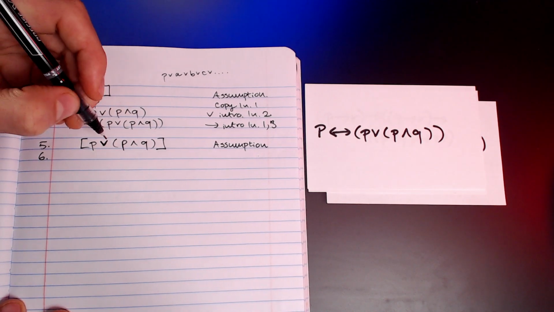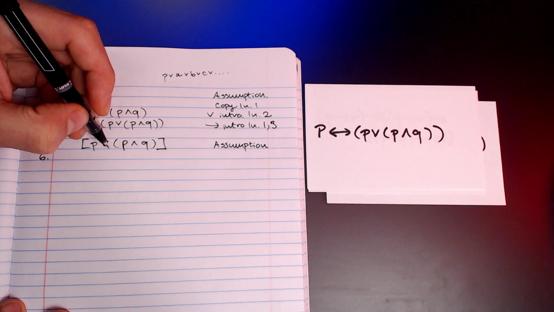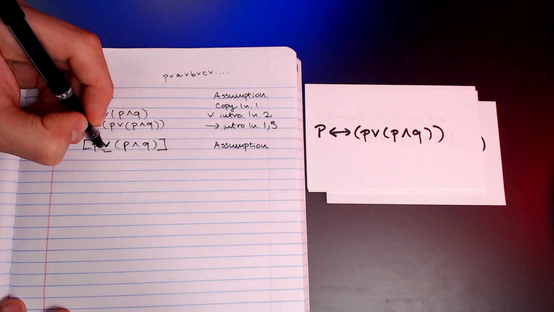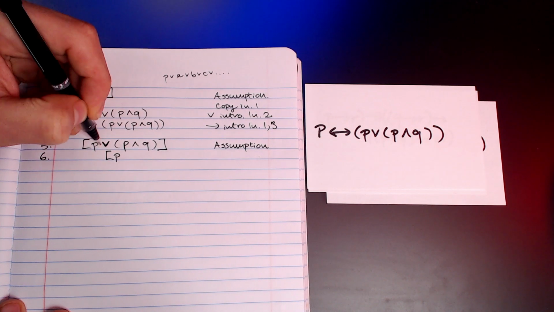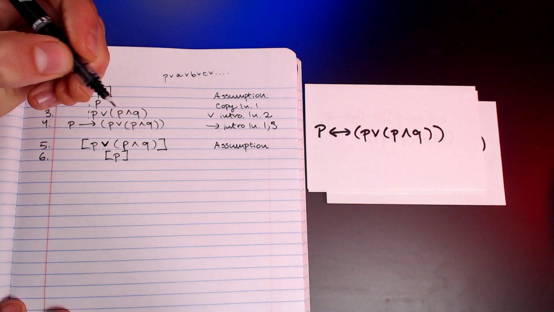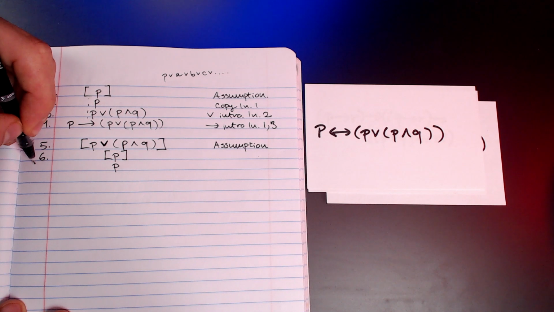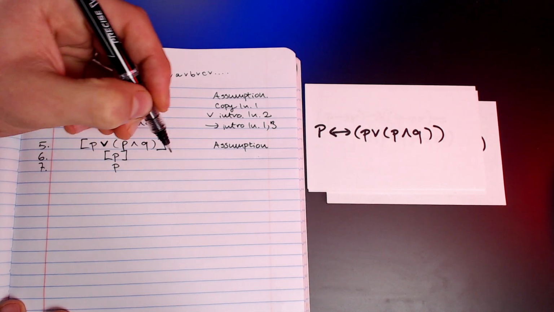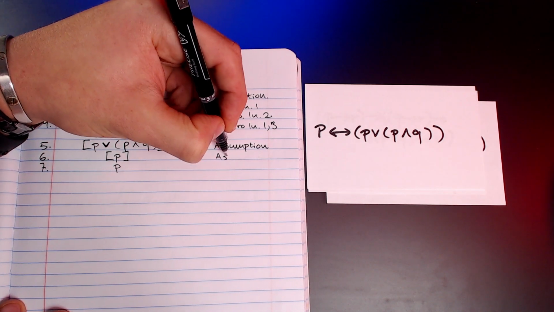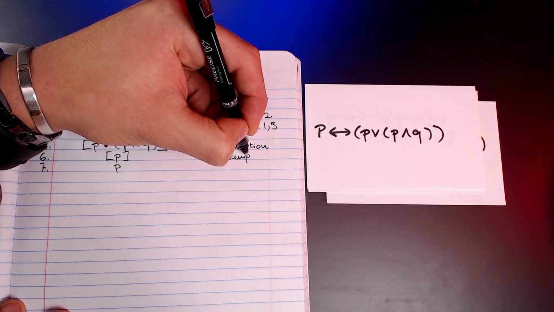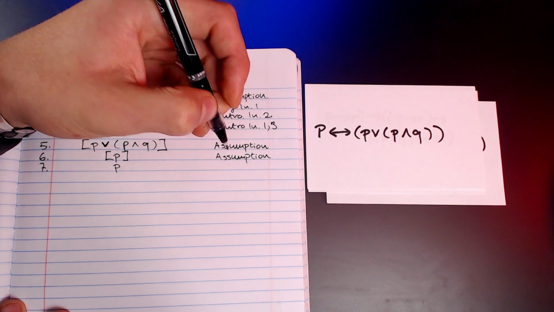So let's go ahead and assume that P is true, this left half. And like we did before, if P is true, obviously P is true. That's our assumption.